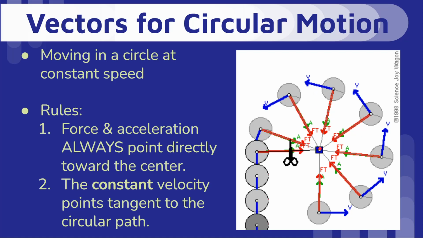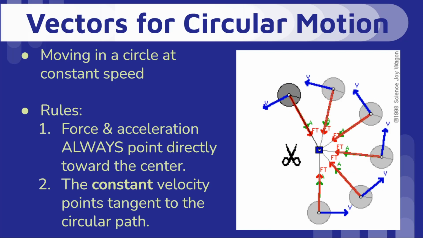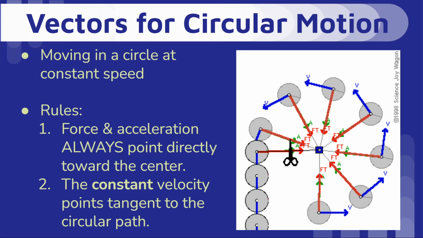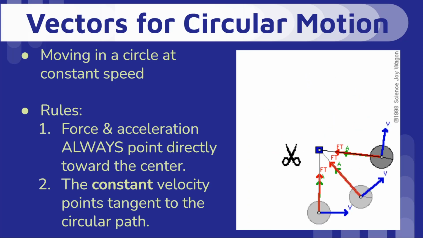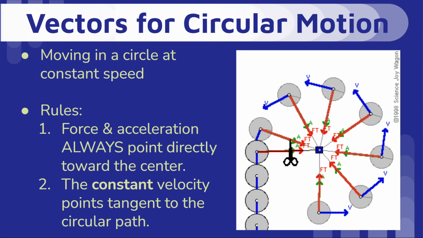You can kind of see it behind it. There's a green arrow. I know it's kind of hard to see because it's underneath the red one, but that one's labeled with an A for acceleration. So both my centripetal force and my centripetal acceleration are inward. In this particular example, my centripetal force is the force of tension because it's a string.